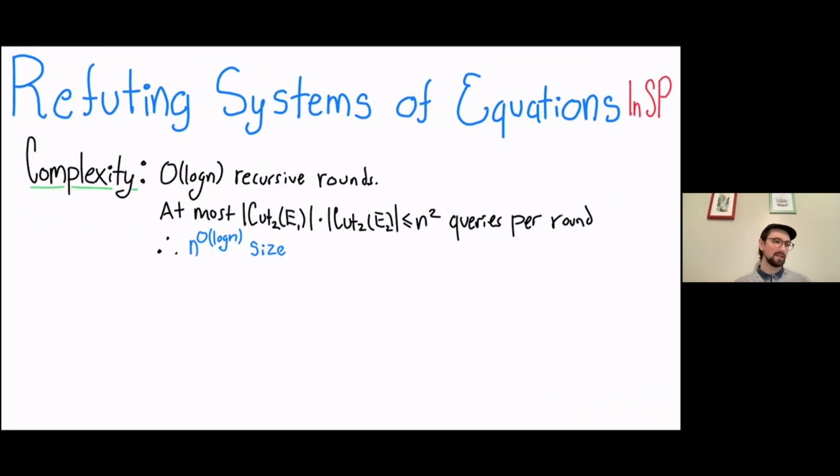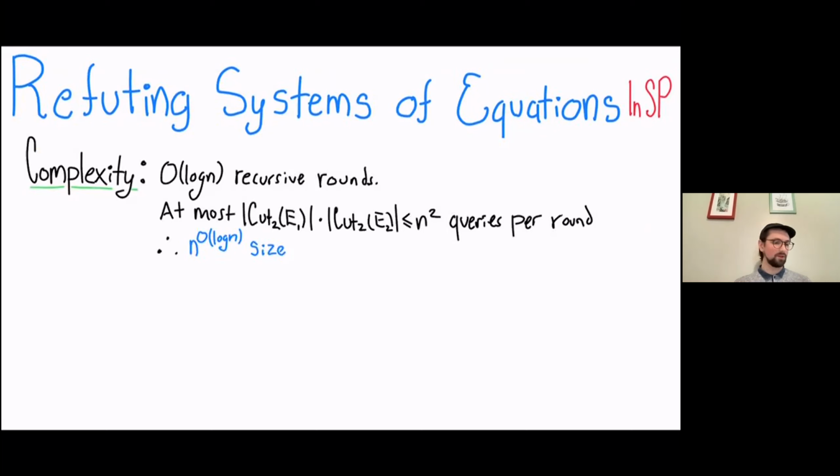So what's the complexity of this? Well, we have log n recursive rounds because we're throwing out half the equations every time. And the value of each 2 cut can be basically between 0 and n squared. And this gives you an n to the order log n size stabbing planes proof.